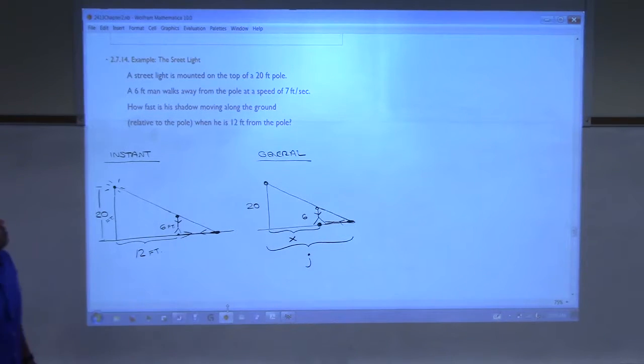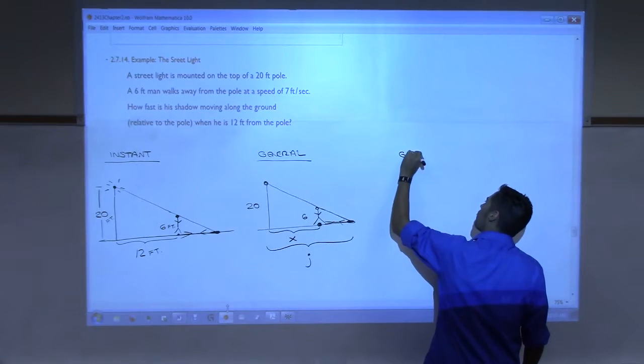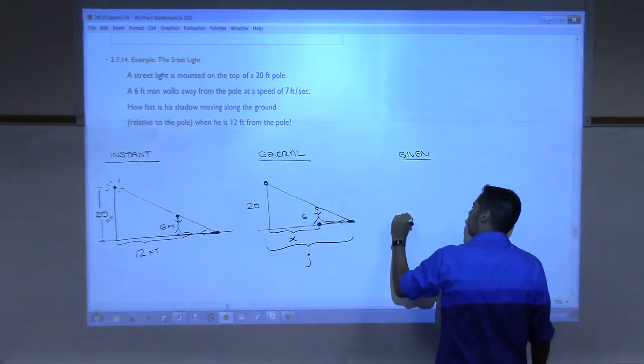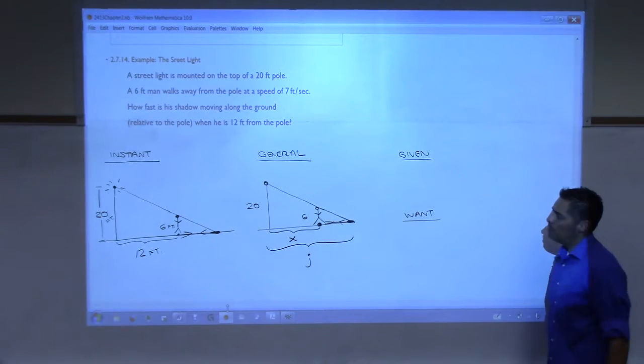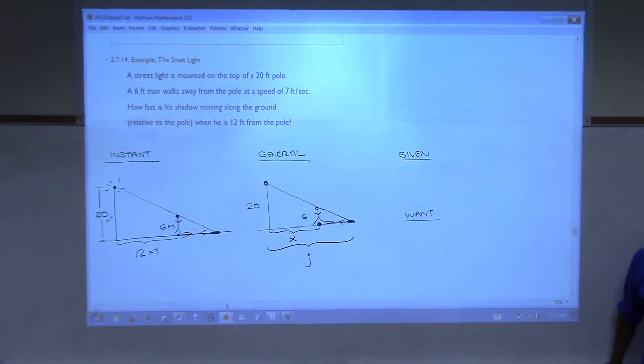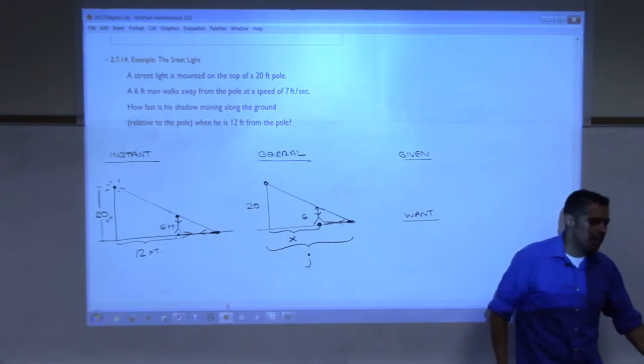All right, let's try and write down some things that we are given, and the things that we want. So what are we given here? 7 feet per second. Now that's a speed, isn't it? We talked about this last class. When you see feet per second, you should be thinking derivative.